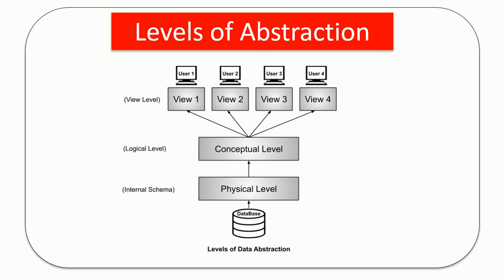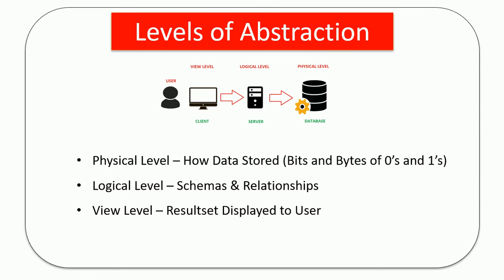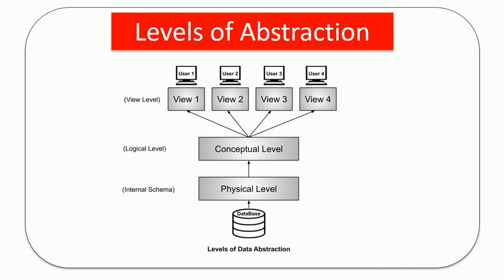Now after discussing this topic, you will be able to understand this image. Exactly how data is stored in a database in the form of zeros and ones will be the physical level. The server that will be able to recognize these zeros and ones into meaningful tables will be the logical level.